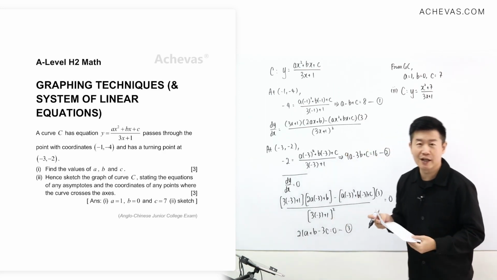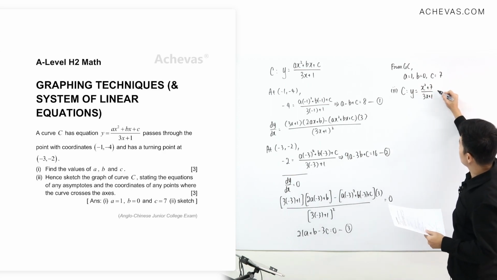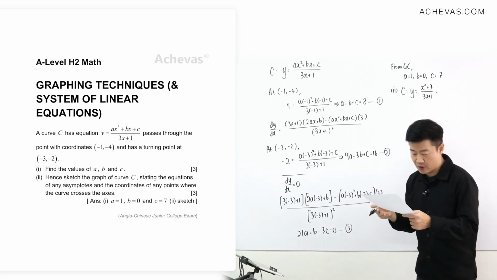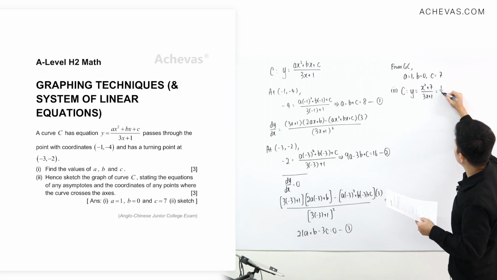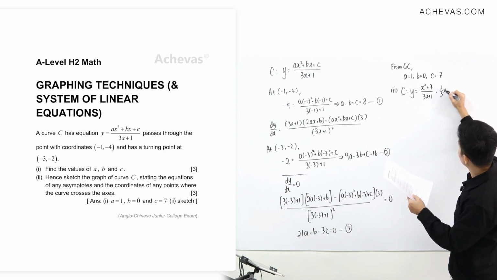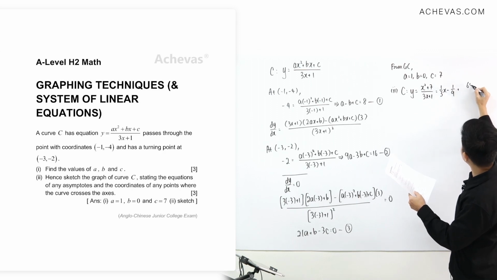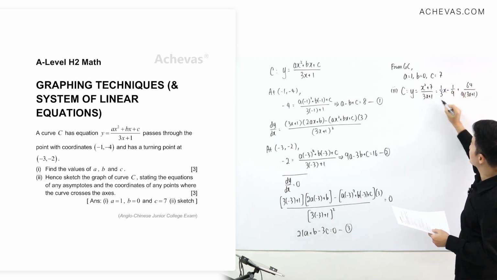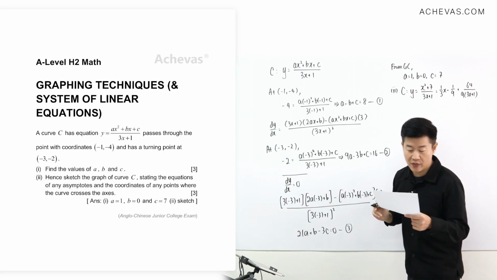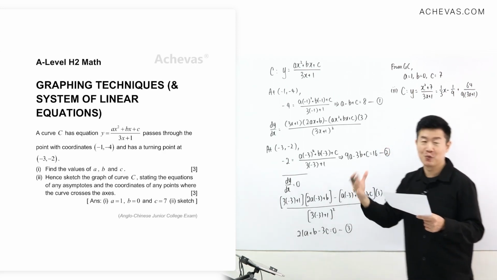So for the oblique asymptote, let's do a long division to change this into a proper format. Doing a long division gives us 1/3 x minus 1/9 plus 64 over 9 times (3x plus 1). So the oblique asymptote is going to be y is equal to 1/3 x minus 1/9.